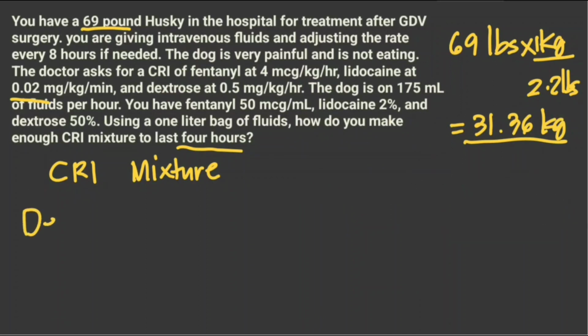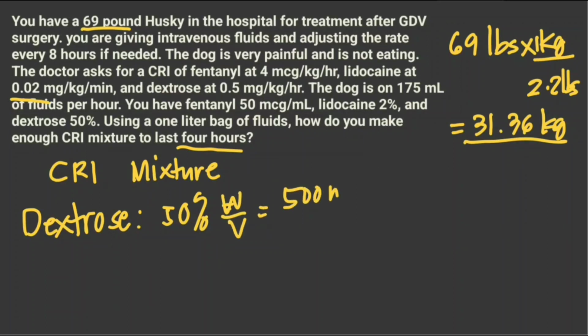And lastly, we solve for our dextrose. We're given here a 50% mass per volume ratio for dextrose. So 50% is equal to 500 milligrams per 1 ml.